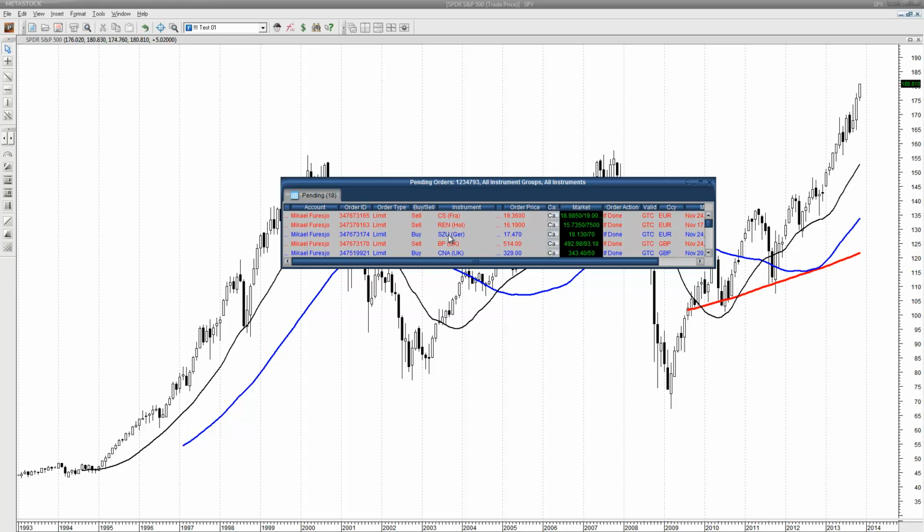I got a long buy limit order on Centrica, 70.47. I got a short sell limit order on BP, 514, and I got a long buy limit order on Centrica, 329. Those are my limit orders for the 25th of November 2013.